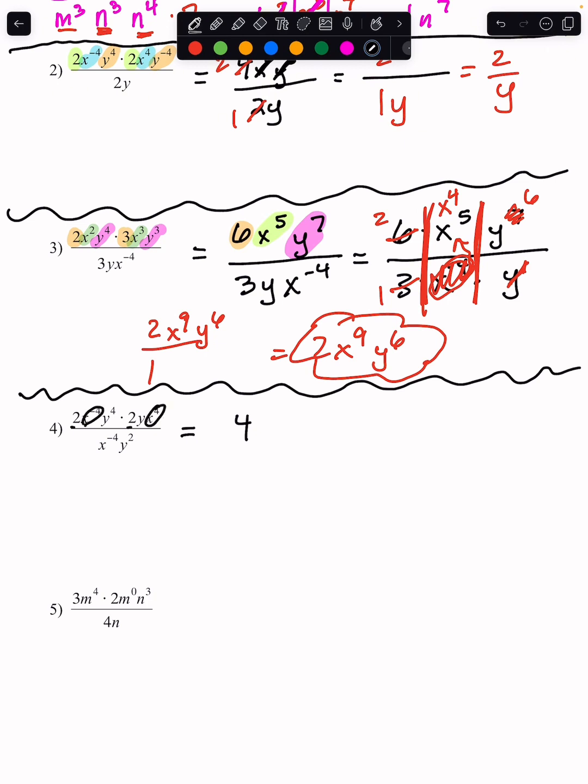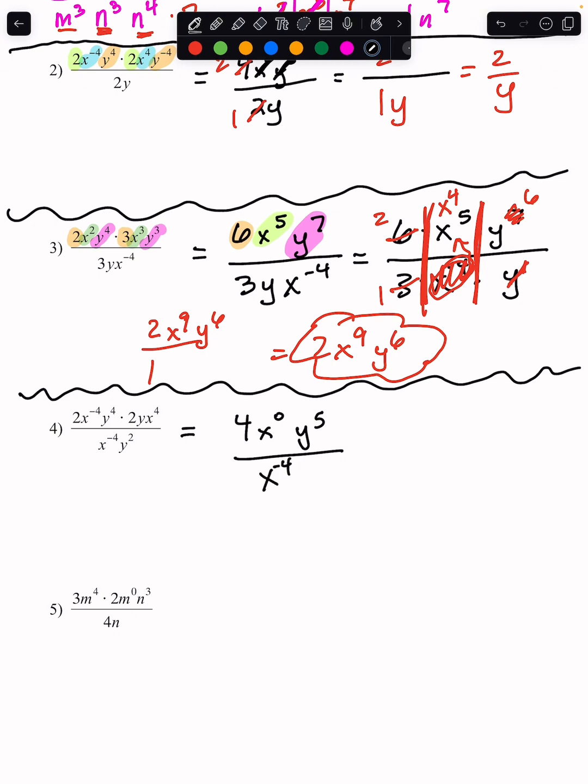Y to the 4 plus y to the 1. So I'm going to erase this so you can see the numbers. Y to the 4 times y to the 1 is y to the 5th. And then I still have x to the negative 4. And I still have y squared.